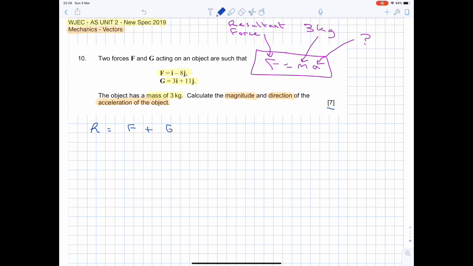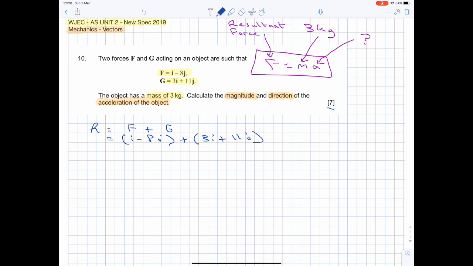Now I'm going to write the two vector components down, starting with F, where F is i minus 8j, plus 3i plus 11j.